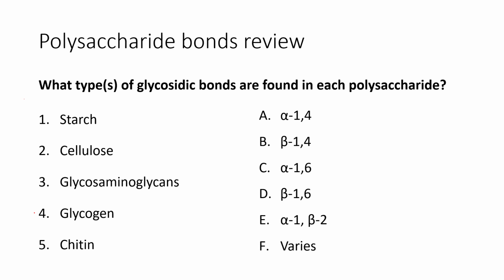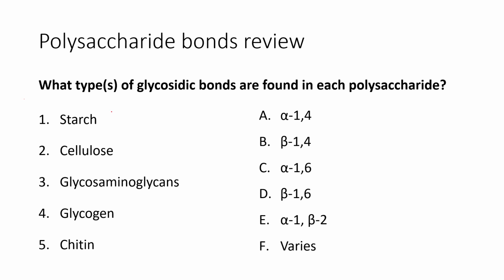Okay, so let's start thinking about the glycosidic bonds that we're seeing. Let's start with number 1, starch. What glycosidic bonds are we looking at? A and C. Yeah, exactly.